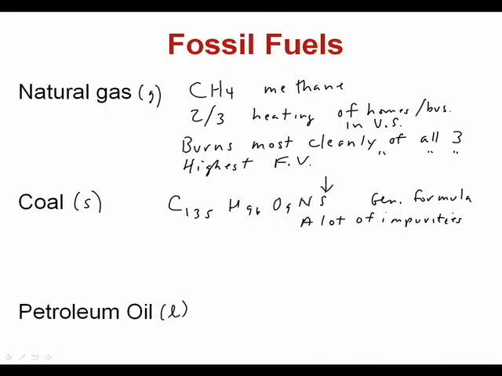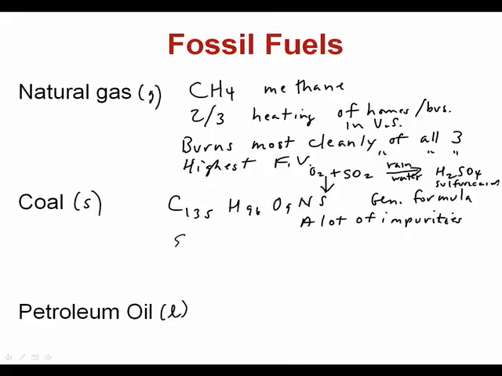It makes SO2 when it's burned, and this in turn leads to battery acid, sulfuric acid, with rainwater. When you burn this stuff, it is used a lot for electrical power plants.